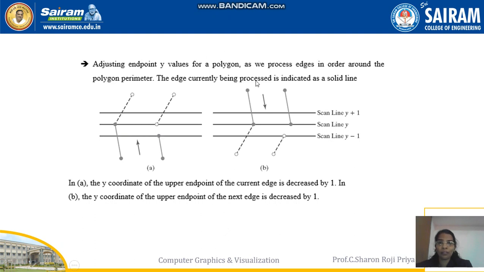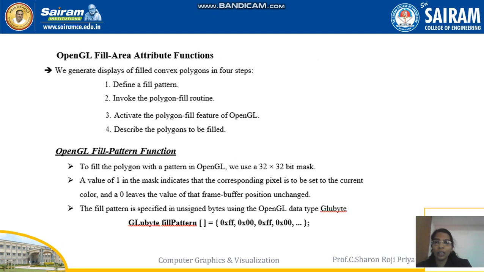If I am traveling in the top to bottom direction, for the next edge I can reduce the pixel value by 1. This is what is explained here.